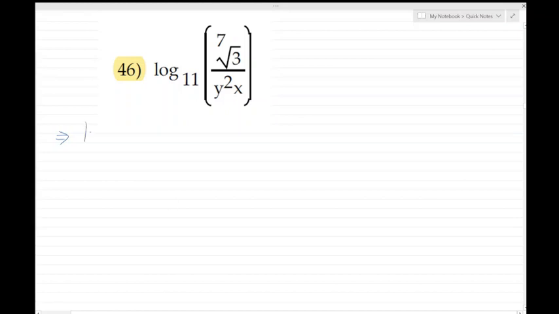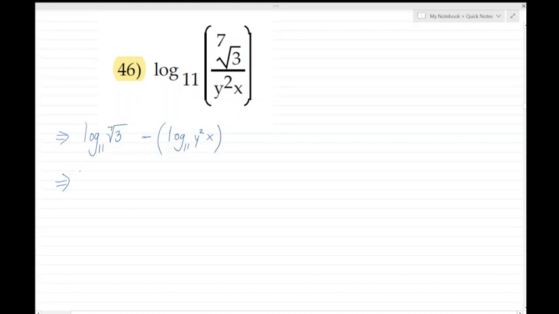So log base 11 of the 7th root of 3 minus, and then put it in parentheses, log base 11 of y squared times x. I put it in parentheses just so that you can see the next step, so it makes more sense. It illustrates it better visually.